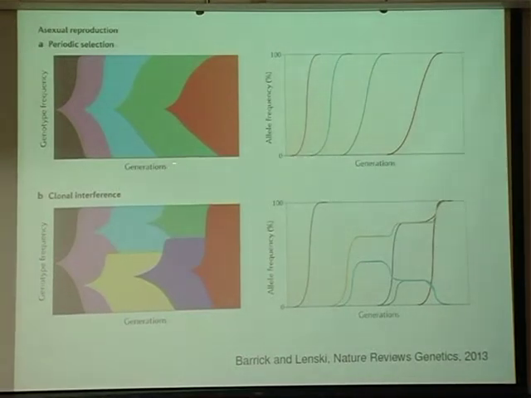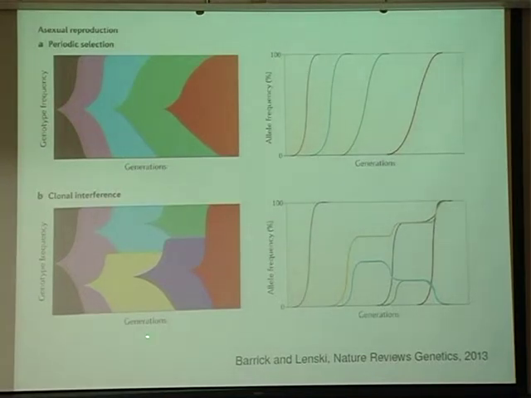The key idea here is that beneficial mutations are rare enough compared to the time that it takes to fix, that they only happen one by one. So we wait a long time, then a mutation occurs, it sweeps to fixation, then we wait again. And after some time, maybe we're lucky, we get another beneficial mutation, it sweeps to fixation, and so on. This is an adaptive walk model.